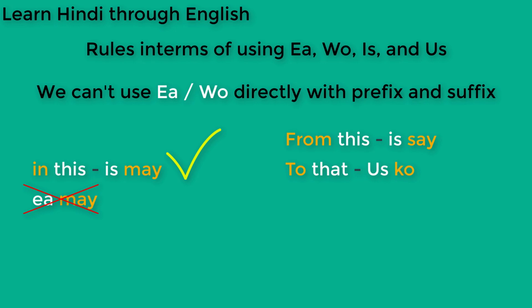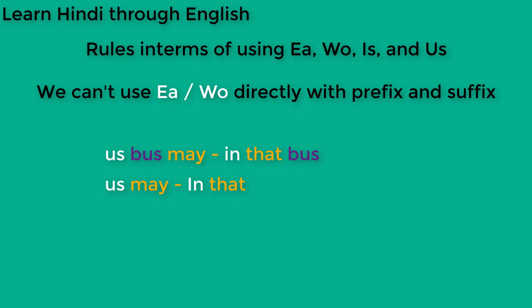We cannot use is and us without these prefix and suffix. One suffix with us or one suffix with the next word of us is mandatory. It can be like us bus may, in that bus, us may, in that.